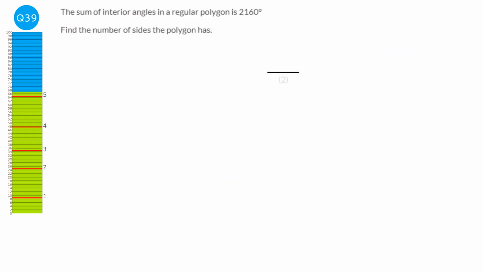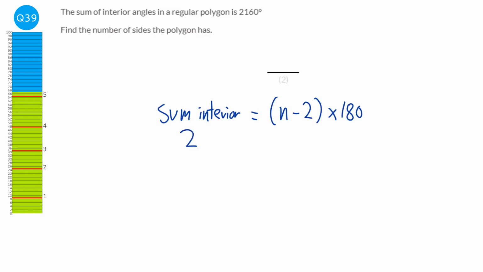So the formula we need here is that the sum of the interior angles is equal to the amount of sides, take away 2, times 180. We know that the sum of the interior angles is 2160, and we're looking for what n is.